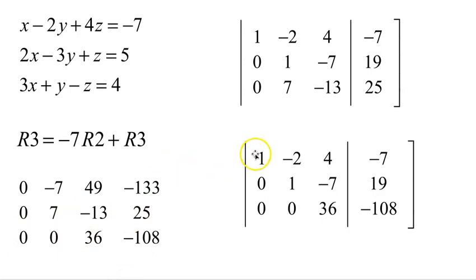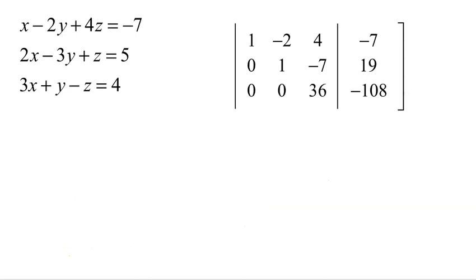Again, our process, 1, 0, 0, 1, 0. Now this has to become a 1. It is a 36. So I'm going to take my entire row 3 and divide that by 36 to get it to be a 1, to get the final form that I want. So indeed, the new row 3 will be the old row 3 divided by 36. 0 divided by 36 is 0. 0 divided by 36 is 0. 36 divided by 36 is 1.